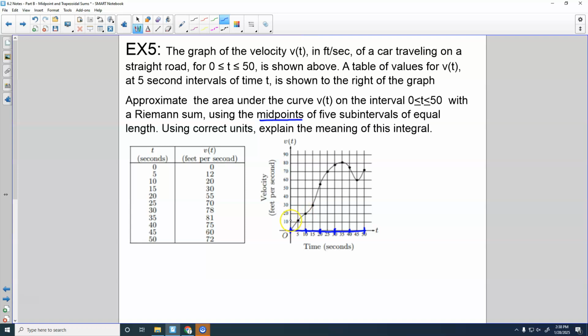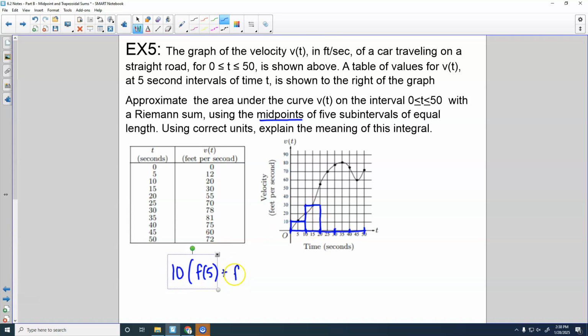So whenever we draw this rectangle right here, we don't have the rectangle using this point or this point down here or this point up here. We use the one that's at 5. So if we think about that one, we've got a width of 10, and we're multiplying by f of 5, right? So, 10 times f of 5 there. And then we would do our next one. Again, width of 10, so I can factor it out.